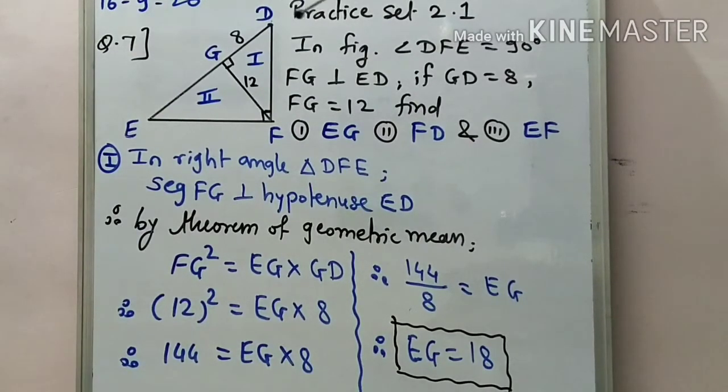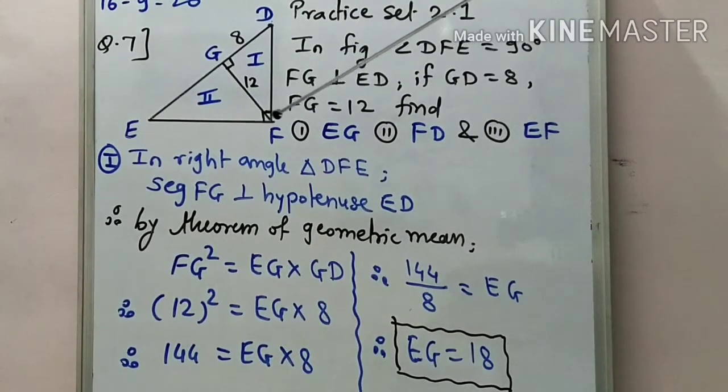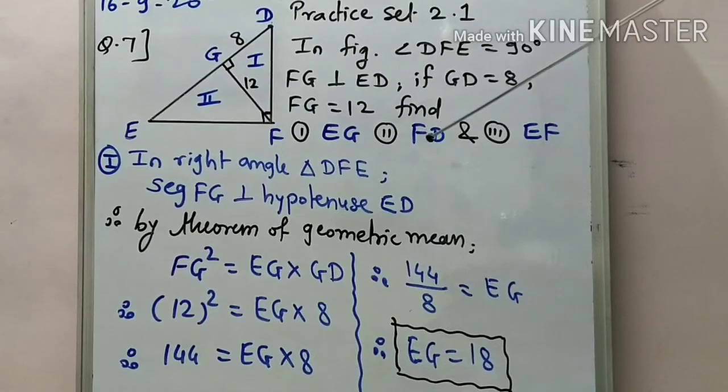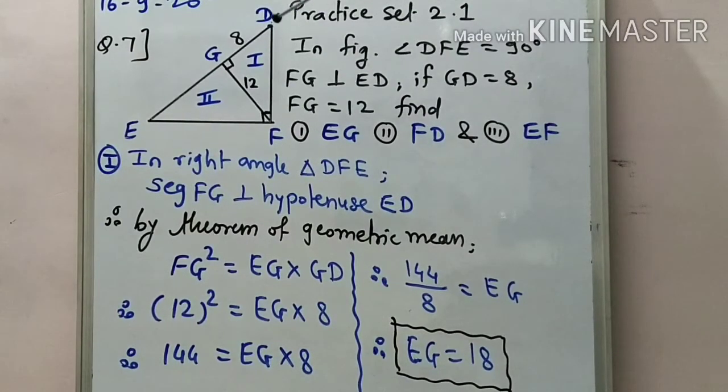The first one is right angle triangle DGF, and another one is right angle triangle EGF. So now in the first right angle triangle FGD or DGF, DF or FD is what? Hypotenuse. And that hypotenuse FD we have to find out using what? Yes, Pythagoras theorem. And similarly EF is what?